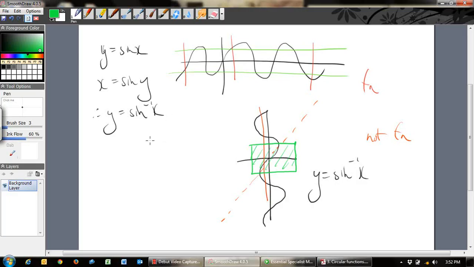And what that ended up looking like, and we'll do it better in class, is a graph like this. It's just this section that goes like this, and it stops at pi on 2 up here, starts at negative pi on 2, and this value here is negative 1, and this value here is 1.